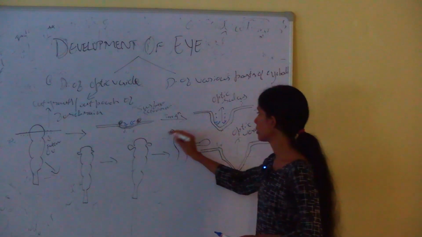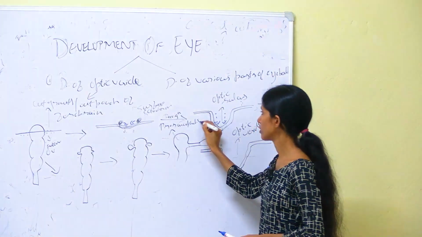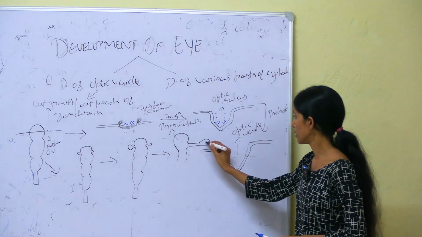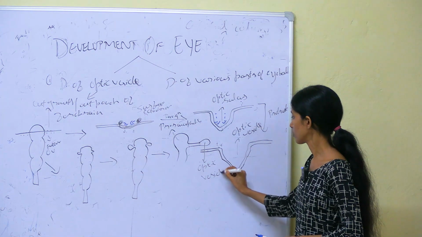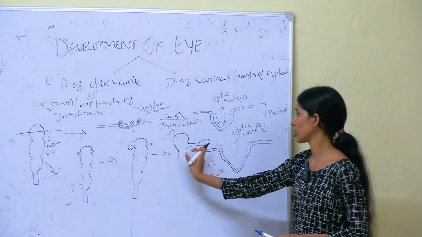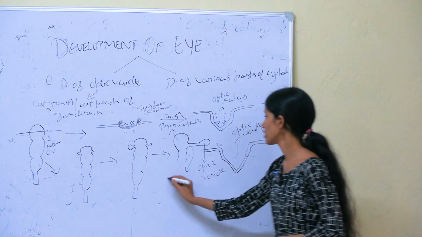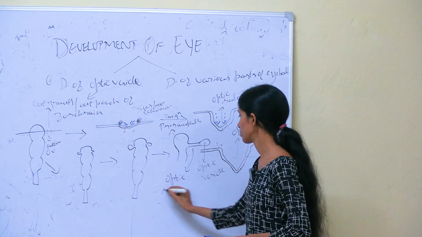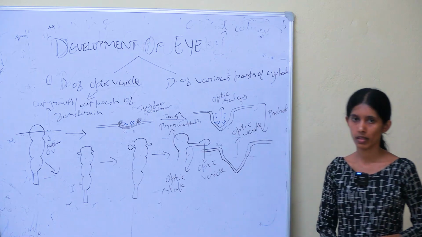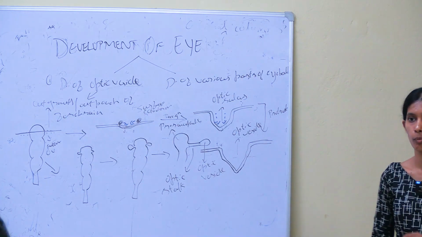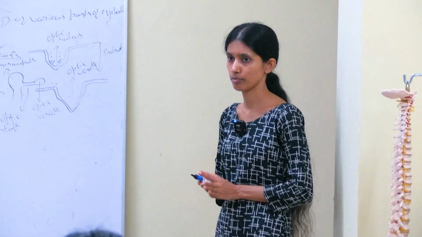So this is your prosencephalon or your developing forebrain part, and this is the optic vesicle, and the structure that is connecting your optic vesicle to your prosencephalon is called the optic stalk. This is how the formation of your optic vesicle takes place.